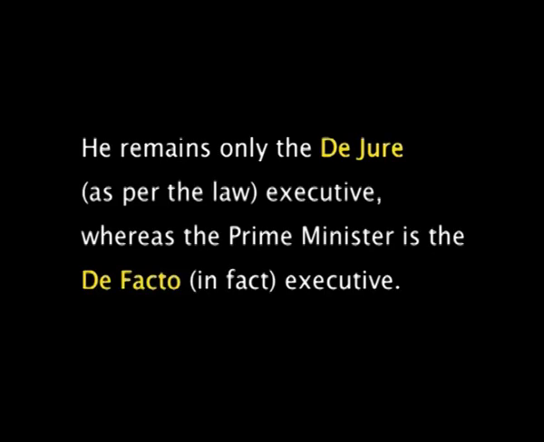The President, though he enjoys significant powers, has to act in accordance with the aid and advice of the Council of Ministers except in few cases. He remains only the de jure, as per law, executive, whereas the Prime Minister is the de facto, in fact, executive.